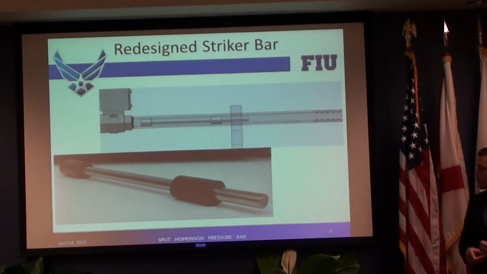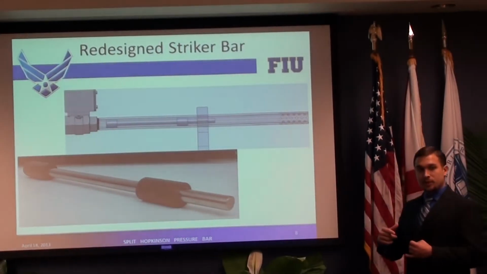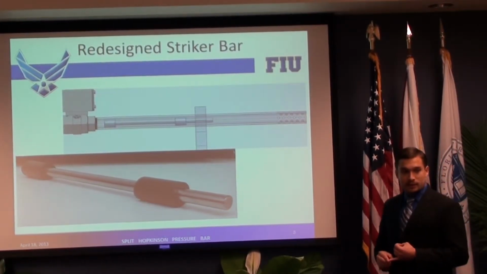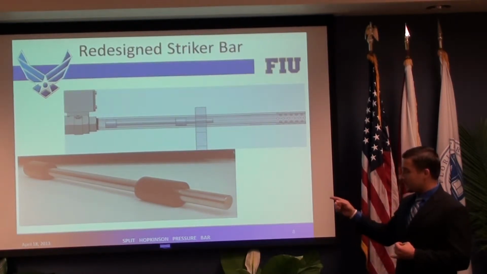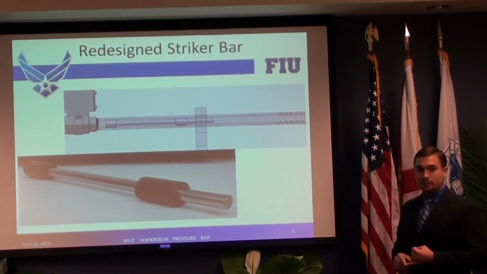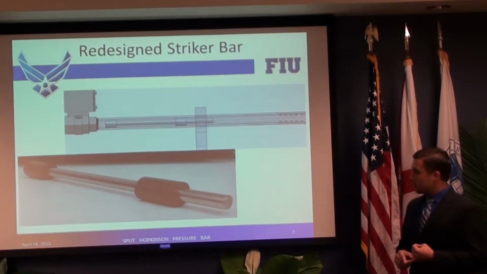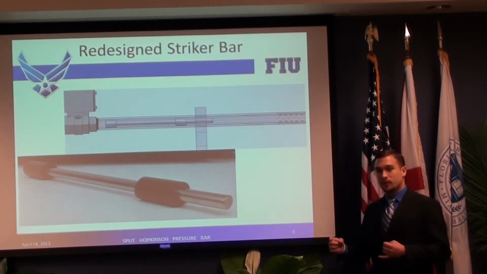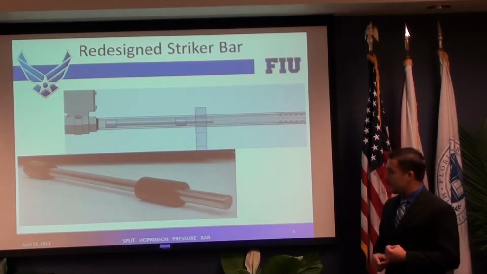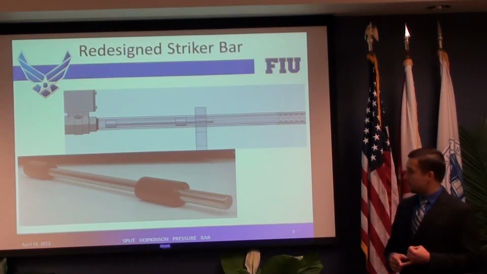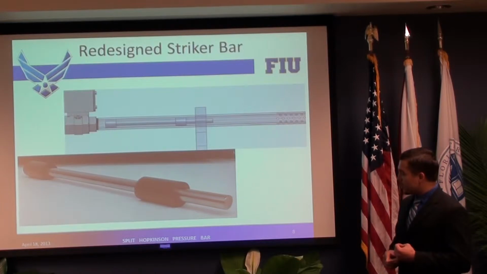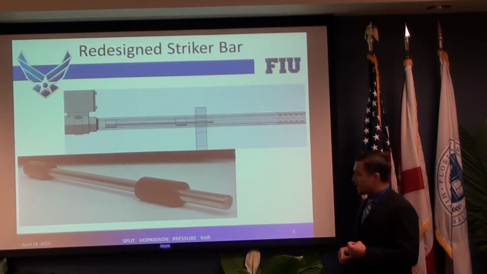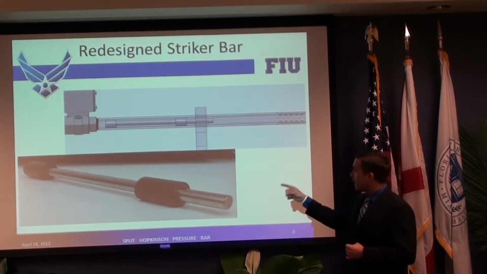Here we have the striker bar. As previously mentioned, one of the design factors we had to account for in the design of the striker bar is an increase in bore size. By increasing the bore size, we would allow for a higher mass flow through the system, giving us the velocity that we wanted. In increasing the bore size, we actually had a clearance between the striker bar and the bore.